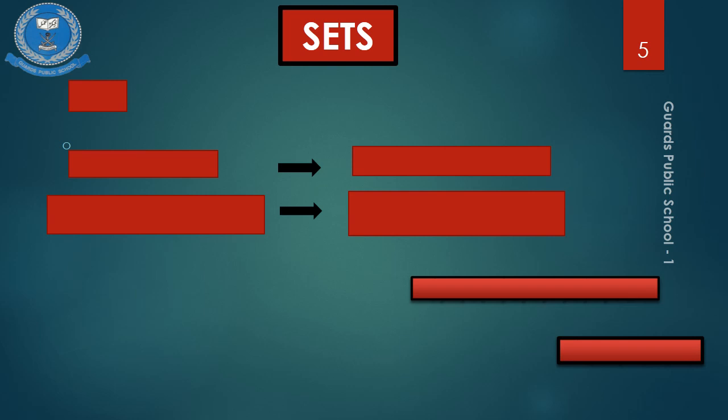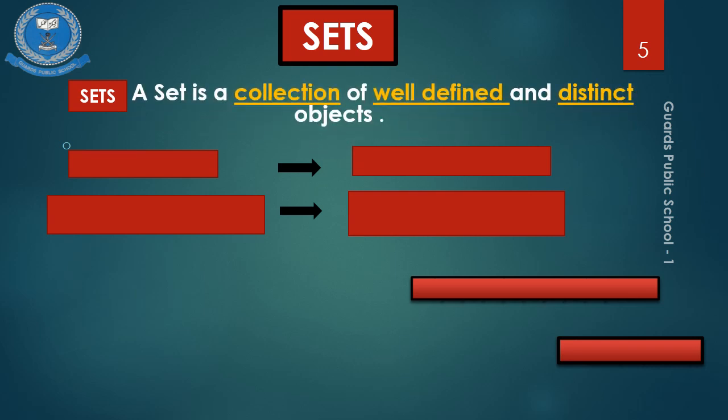Let's start with the definition of set. The definition of set is: a set is a collection of well-defined and distinct objects. Now look at the underlined words in the definition. Collection means to gather or to collect.